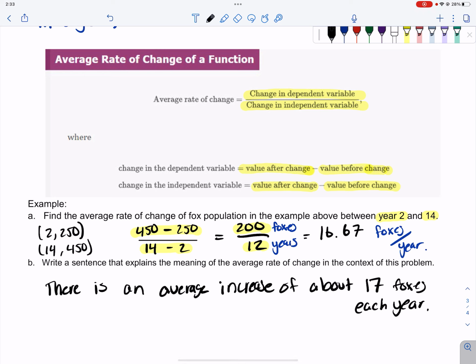And it's an increase because our rate of change was positive. If a rate of change is negative, then that's implying that it's decreasing.